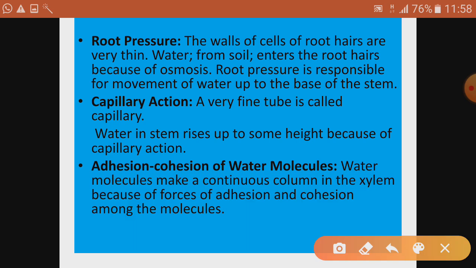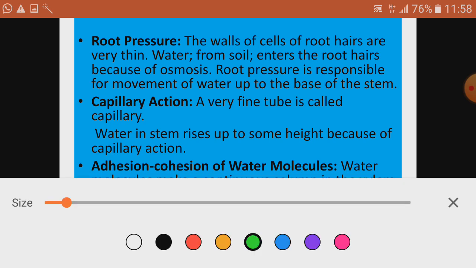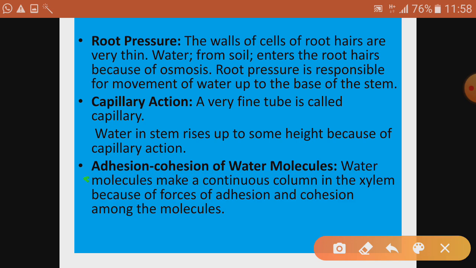Adhesion is the force of attraction between water molecule and the wall of xylem, and cohesion means the force of attraction between water and water molecules. So because of this bond of water and water, that is cohesion, and the bond of water and xylem, the water moves in upward direction. So that theory is known as adhesion and cohesion of water molecules.